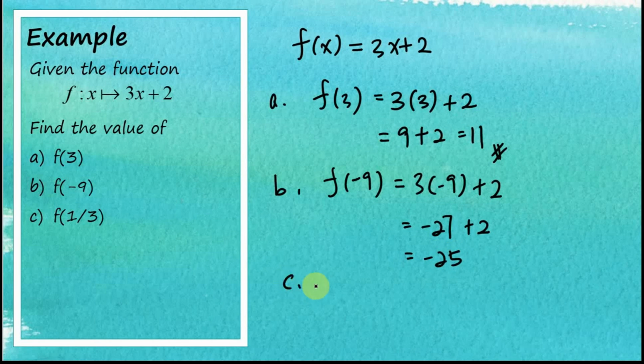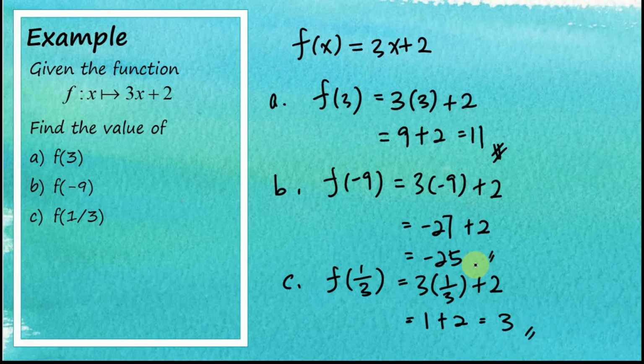Okay, C, f of 1 over 3. Again we have 3, and then substitute x with 1 over 3, and then plus 2. 3 times 1 over 3 equal to 1. 1 plus 2, and this is equal to 3. Okay, so this is how we solve problems like this.